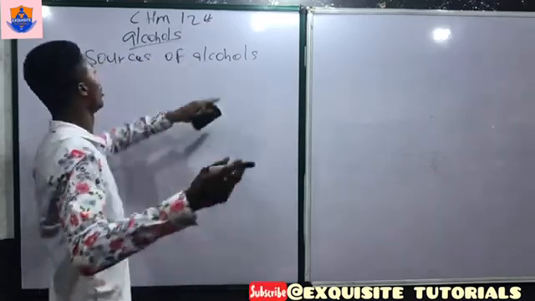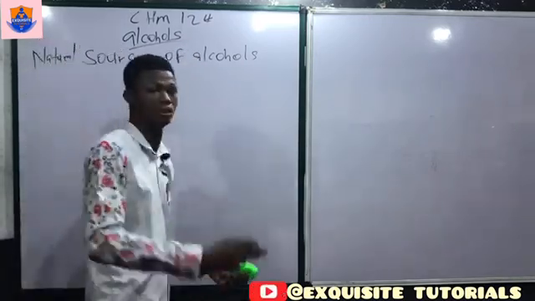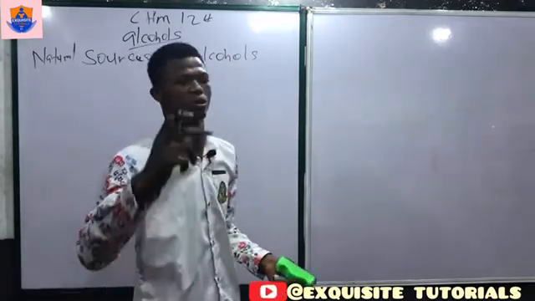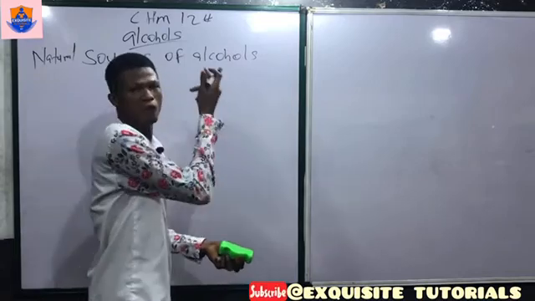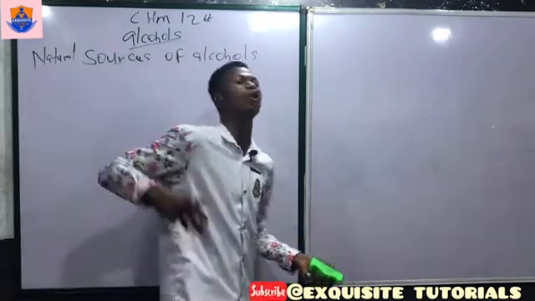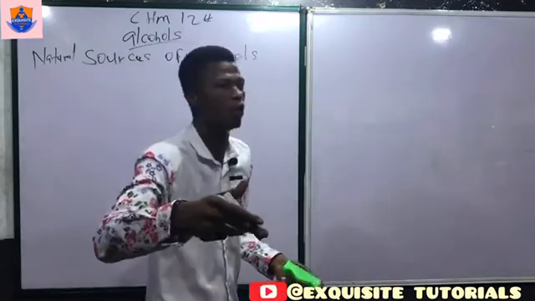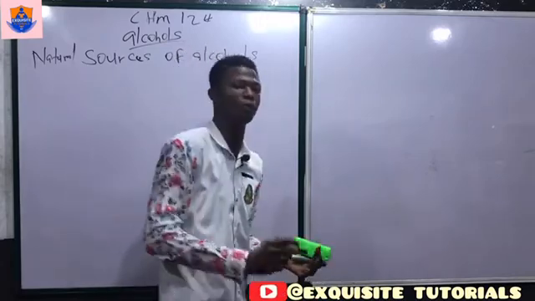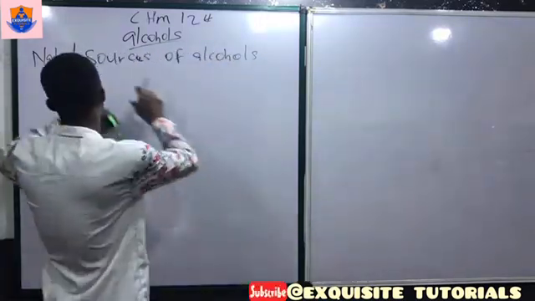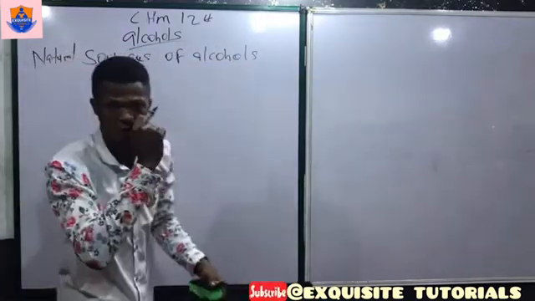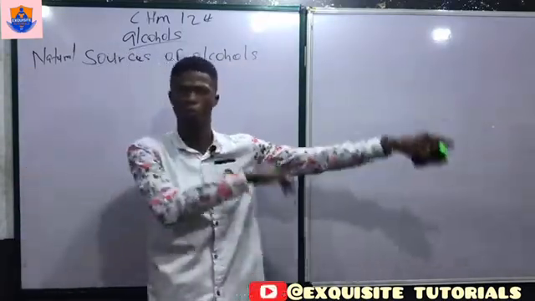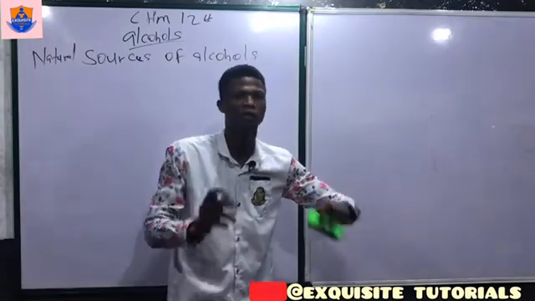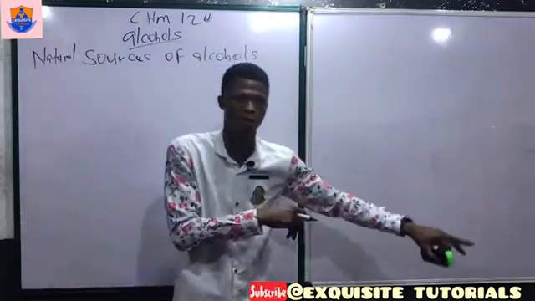You know, what actually makes alcohols, remember, is the presence of the hydroxy group, which is responsible for hydrogen bonding, and which also makes alcohol soluble in water. Note first of all, before we look into the natural sources of alcohol, generally, hydrocarbons are insoluble in water, but alcohols are soluble in water.